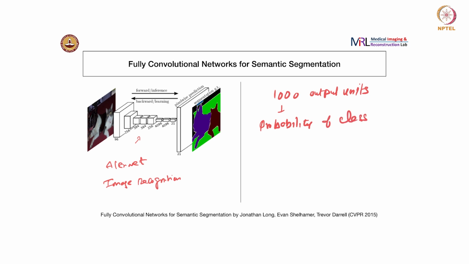But what we want instead is this map shown here, which is the same size as the input, with every pixel given a class label or probability of belonging to a class. If there are three classes, then you will have three such images in the output, with each image corresponding to the probability of a certain class.